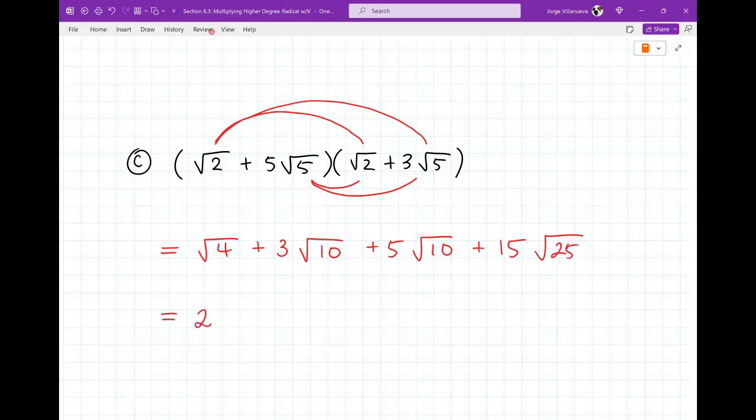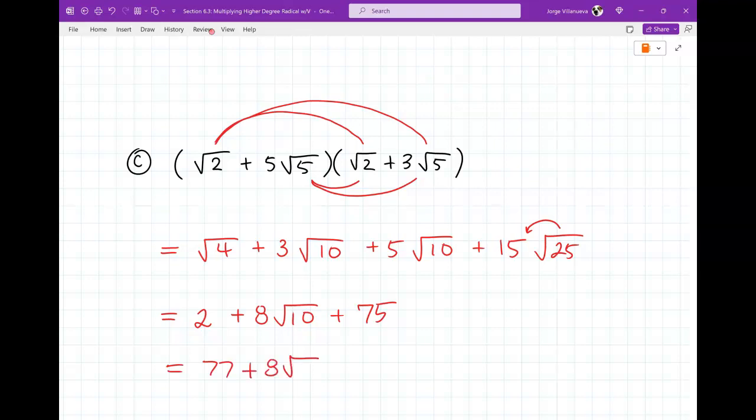Radical 4, that's 2. 3 radical 10 plus 5 radical 10, that's 8 radical 10. Plus, this 25 is going to become a 5. And 5 times 15 is what? I know 4 times 15 is 60, so it's going to be 75. 2 plus 75, that's 77.